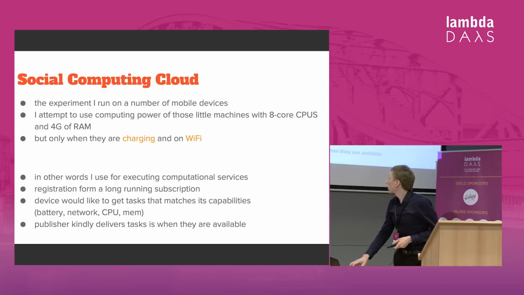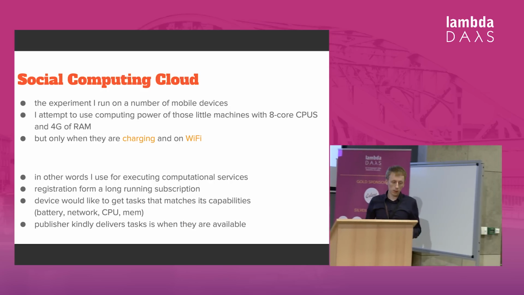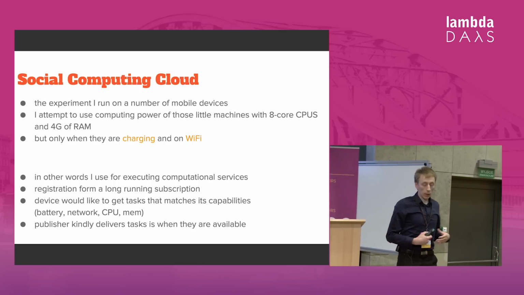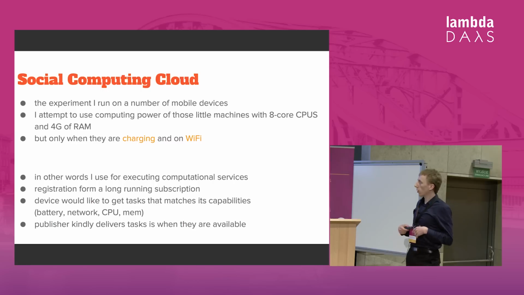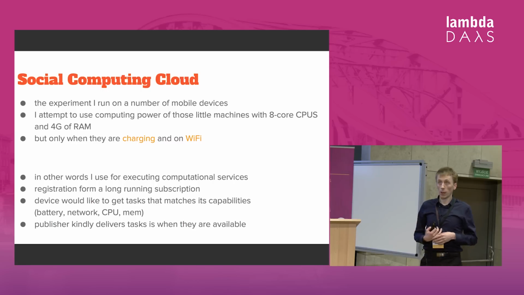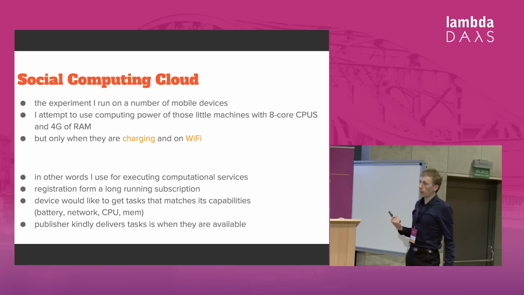And one application I had in mind, I started with this application, and the concept of this enhanced reactive stream came from it. I built a platform called social computing, and it's used to run some computational tasks on mobile devices. Our mobile devices have very powerful capabilities, like 8 cores, 2 to 4 gigahertz processors, a lot of RAM, right?